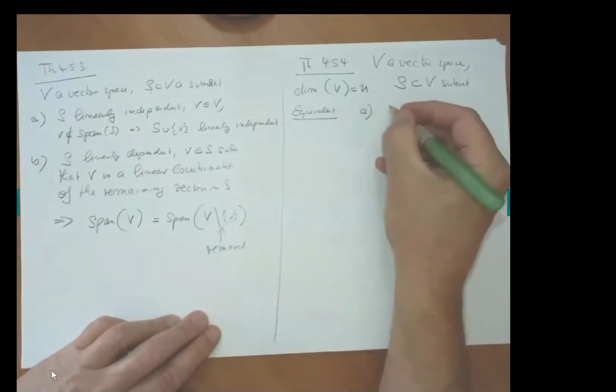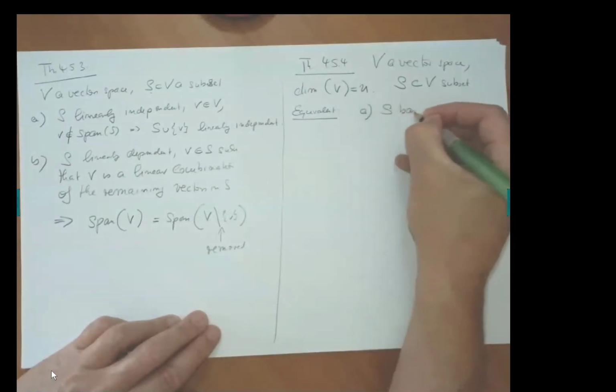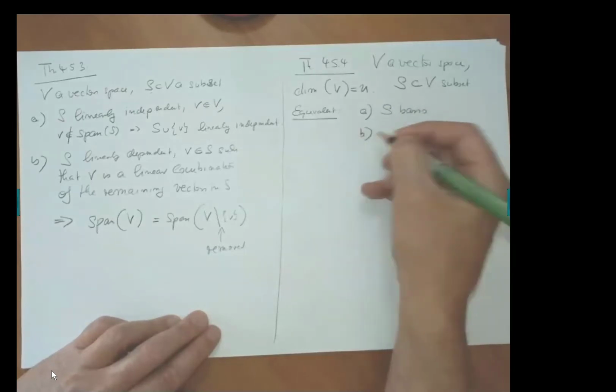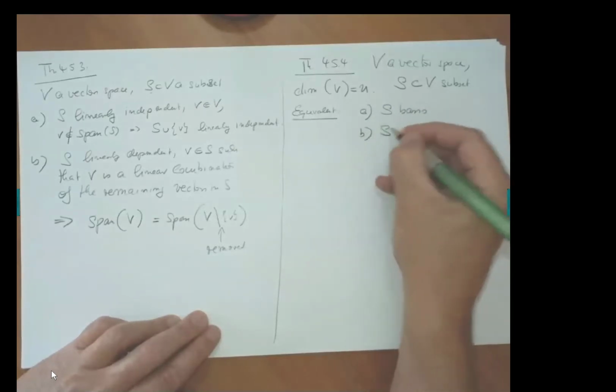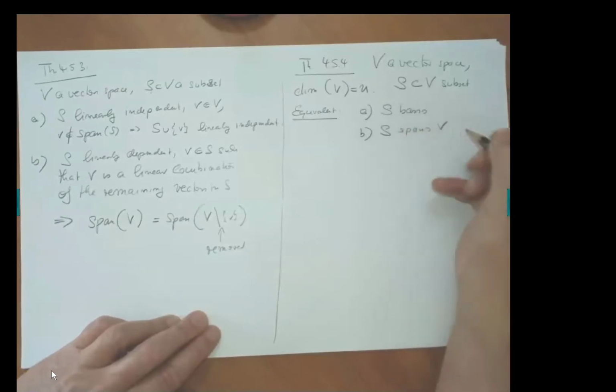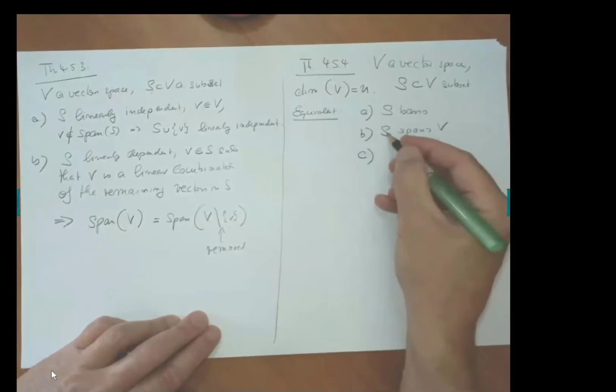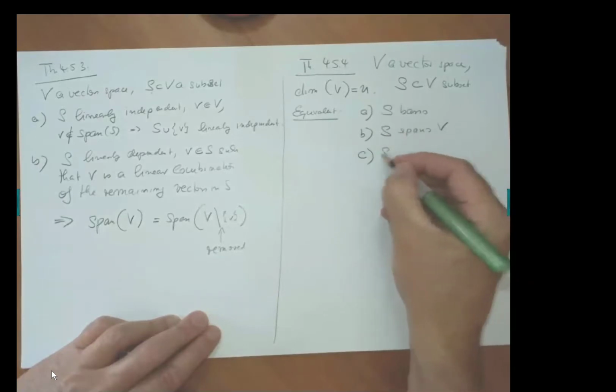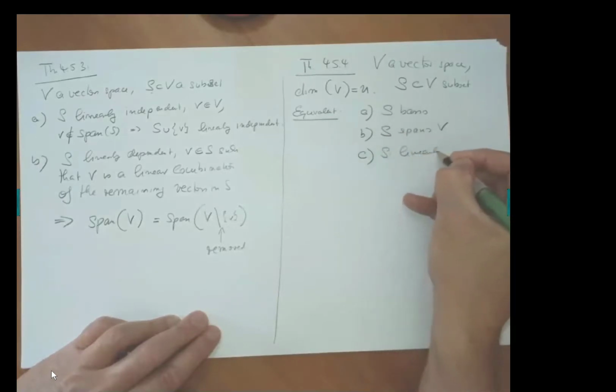Part A is S is a basis. Then this automatically means S spans V. And this also automatically means S is linearly independent.